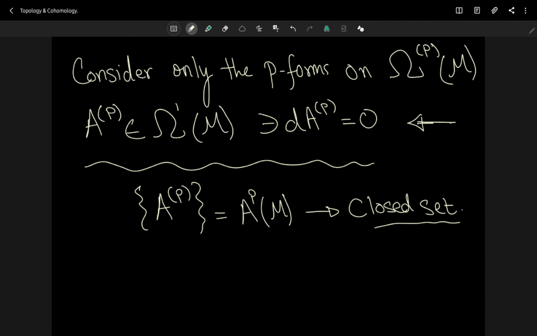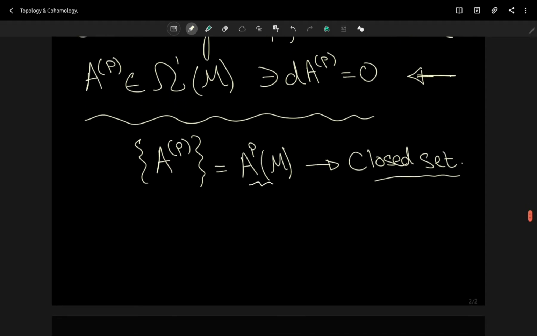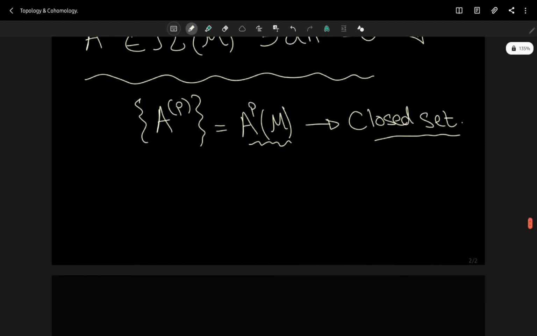Okay, now from here it should be clear that this A P of M has a vector space structure. So for it to have a vector space structure, what does it mean?